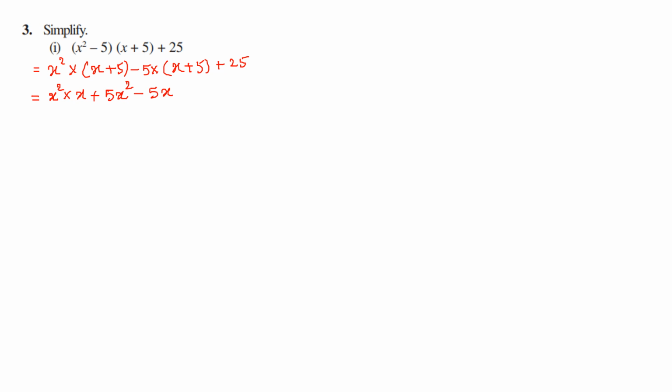As before bracket minus sign, so this plus will change to minus. So 5 into 5 will become minus 25 plus 25. And you can see minus 25 and plus 25 both are additive inverse, so it will be 0. So let's cancel out. So it will be x cube plus 5x square minus 5x. So this is first answer.